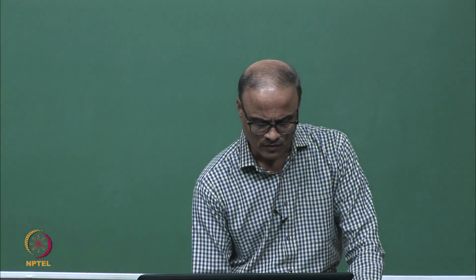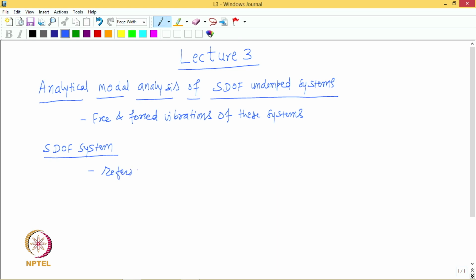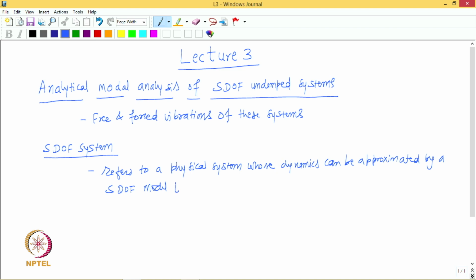So a single degree of freedom system refers to a physical system whose dynamics can be approximated by a single degree of freedom model for the objective of the study, right.